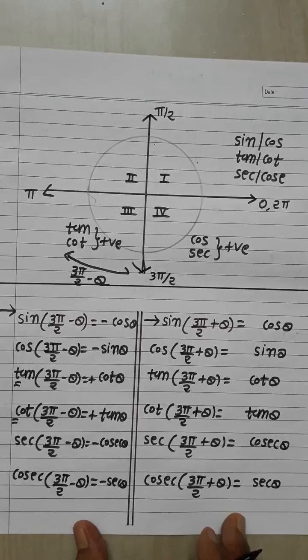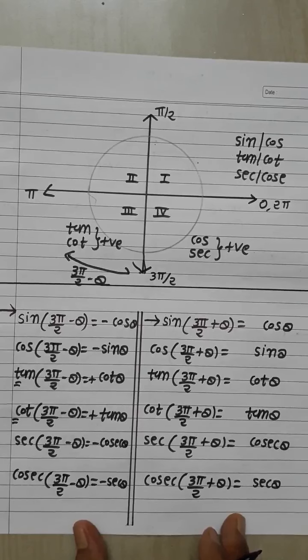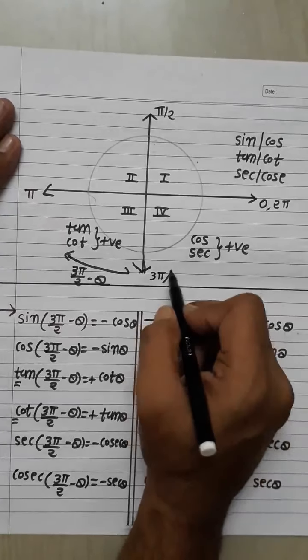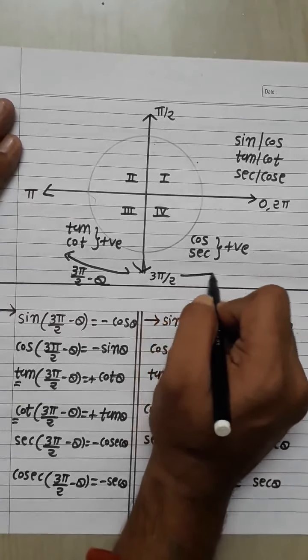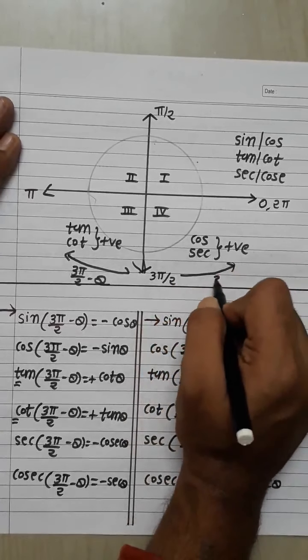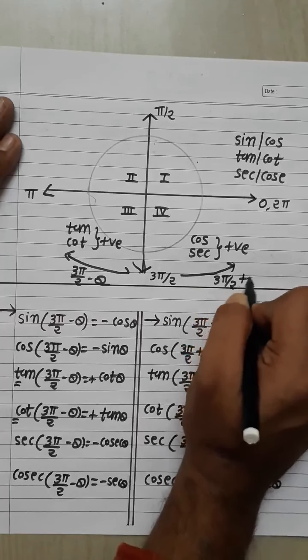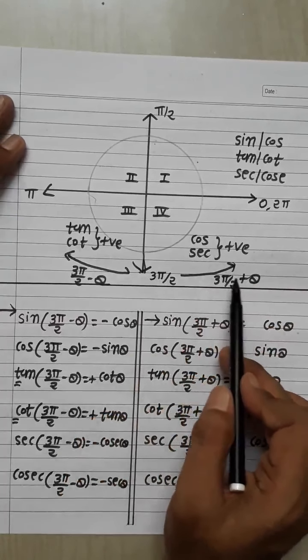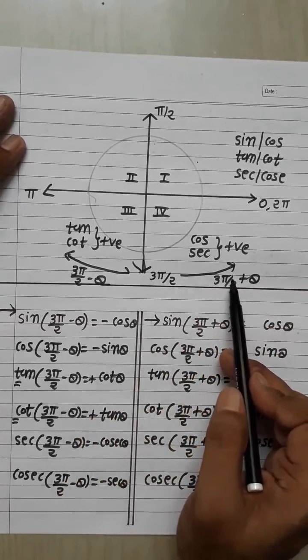Now how can we decide in which quadrant which value is positive and which value is negative? So 3π/2 plus, that means this value is present in the fourth quadrant. 3π/2 is present here, plus means this value is present in the fourth quadrant.